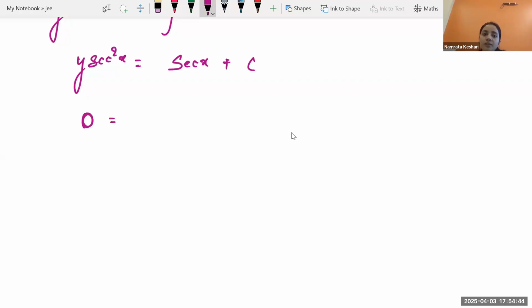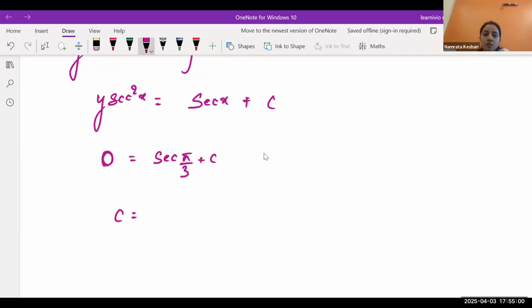Here sec x, that means sec pi by 3 plus c, right? That means c is, what is the value for sec pi by 3? Is it just 2? Okay, so this is what we are getting.